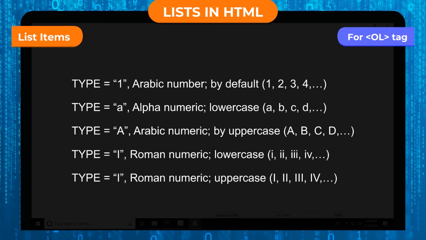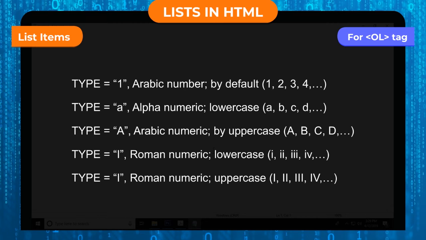Type is equal to double quotes small a, alphabetic, lowercase, a, b, c, d and so on. Type is equal to double quotes capital A, alphabetic, uppercase, A, B, C, D and so on. Type is equal to double quotes small i, Roman numeral, lowercase, i, ii, iii, iv and so on.